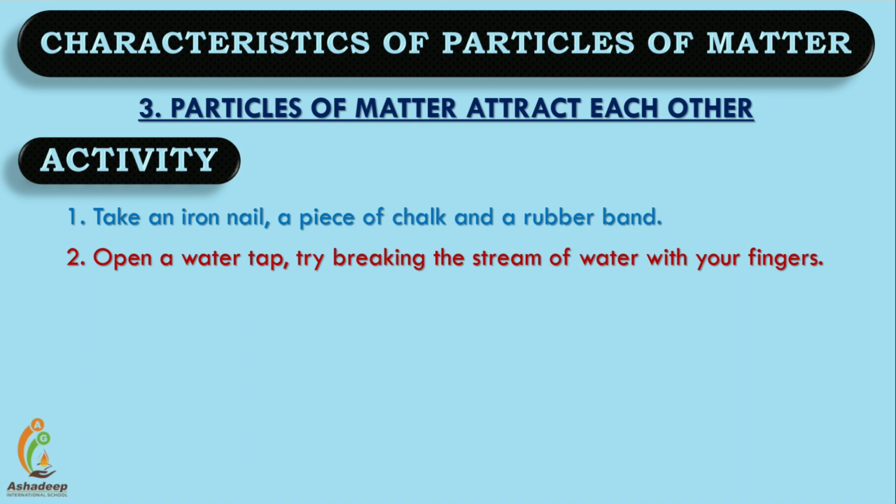The particles are holding each other with a strong force, and therefore they do not allow the iron nail to break. Whereas the piece of chalk has a little lesser force, and therefore it breaks. The chalk can easily break by application of force because the particles have less force between each other.